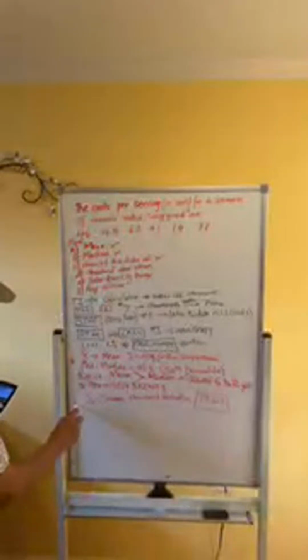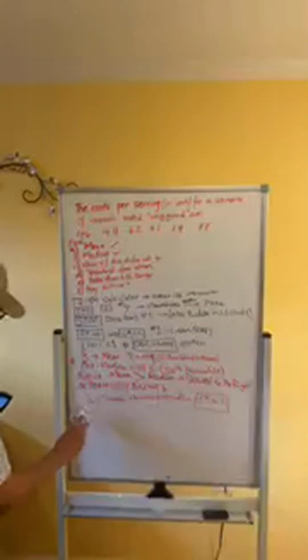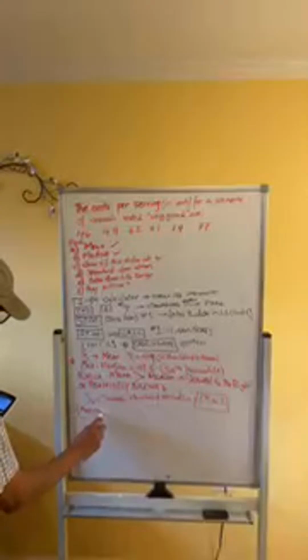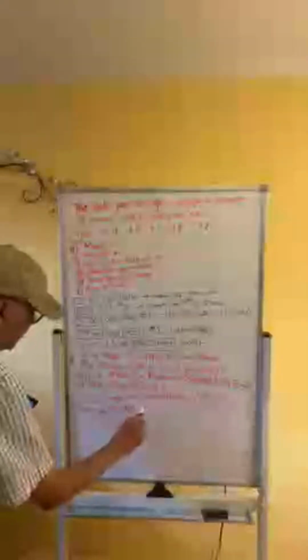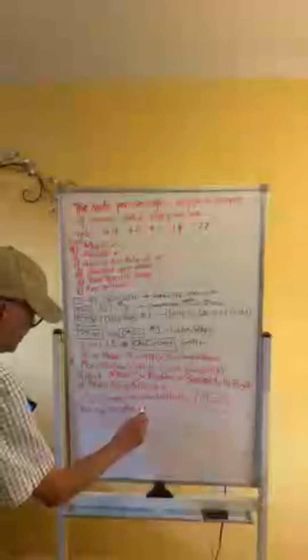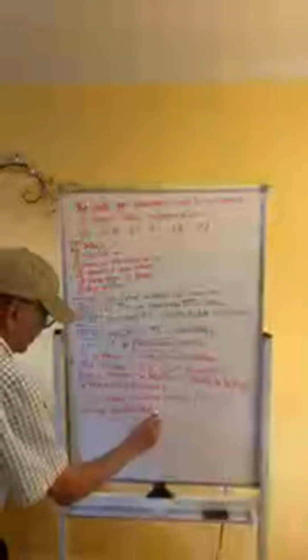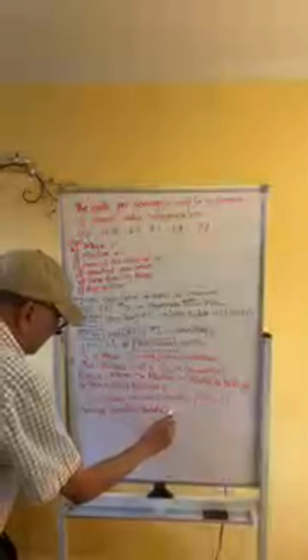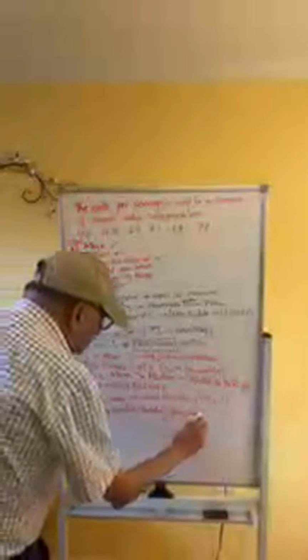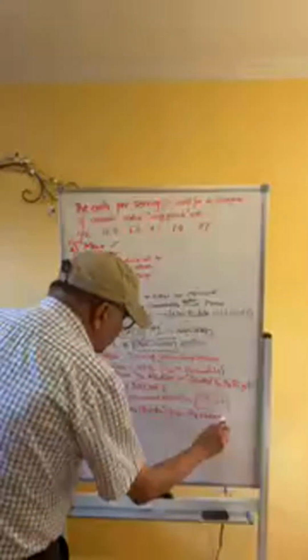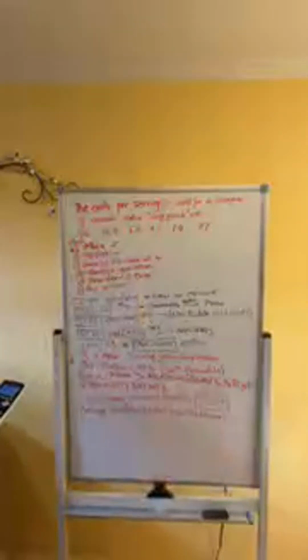Here it is 19.63. That is your standard deviation. What does it mean? It's the average variation from the mean, or average deviation, difference from the mean. That's what standard deviation is all about. In this case, it's 19.63.